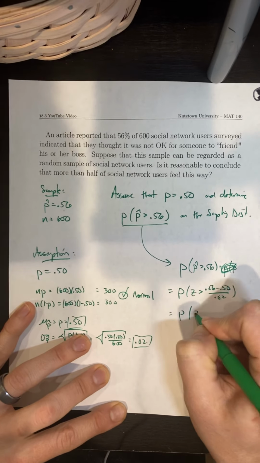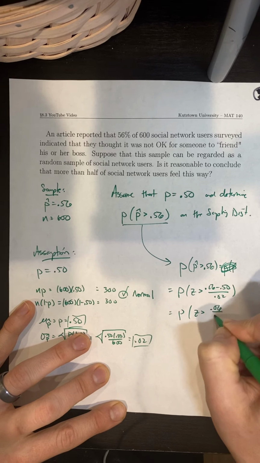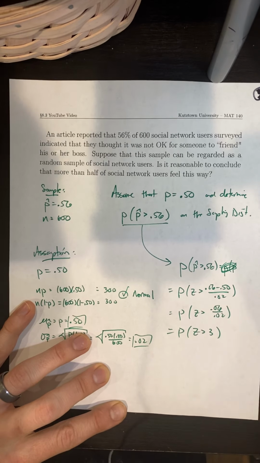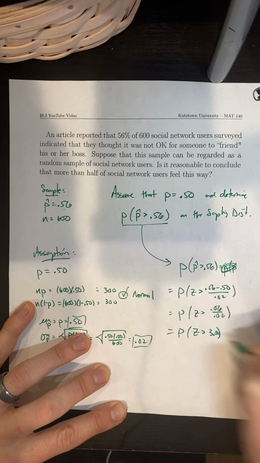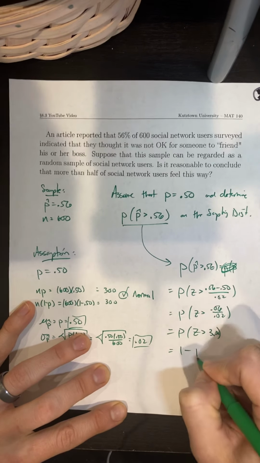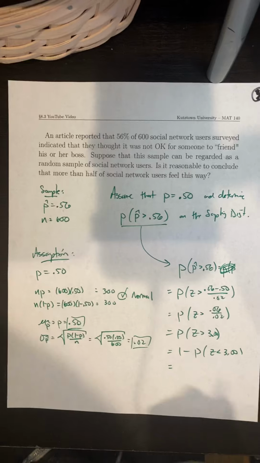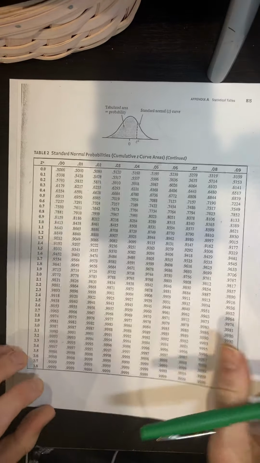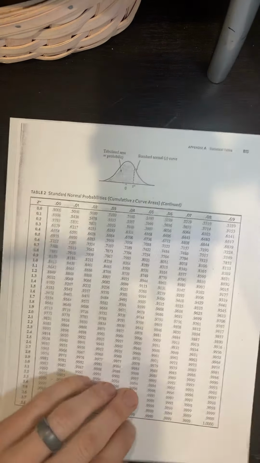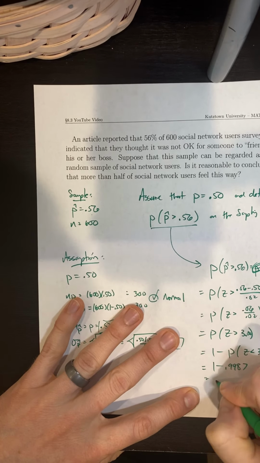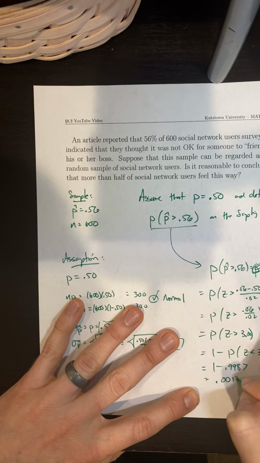So z is greater than 0.06 over 0.02, that's 3. So this is the probability that z is greater than 3. I have to do 1 minus the probability that z is less than 3.00. And I look at the table, 3.00 is right here, 0.9987. 1 minus 0.9987, so that would be 0.0013.